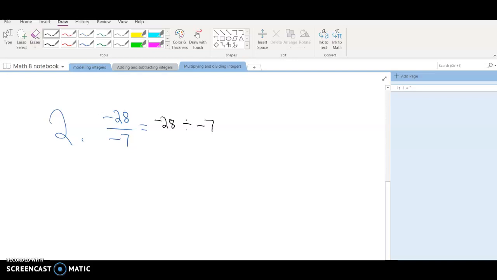If you remember our rules, negative and negative are positive. So this is going to be positive, whatever 28 divided by 7 is. And 28 divided by 7, you should know, is 4. So this equals positive 4, which is just 4.